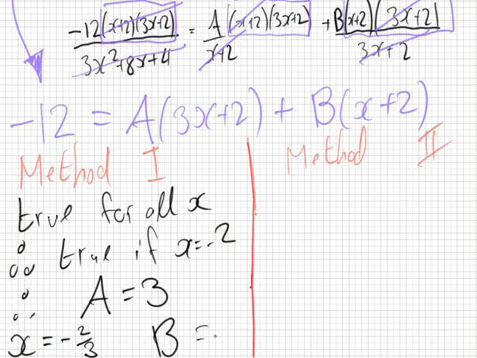So 12 times 3 is 36 divided by 4. I think it's 9. It is, sorry, minus 9. So what I did there was I put in x is minus 2 over 3 and I got out my answer, b is equal to minus 9. I'm skipping those steps because all you're doing is subbing it in and solving, okay? That's not a big thing, right?